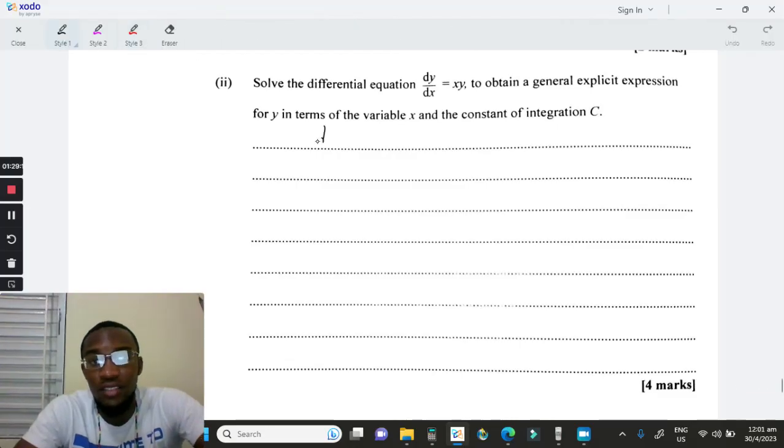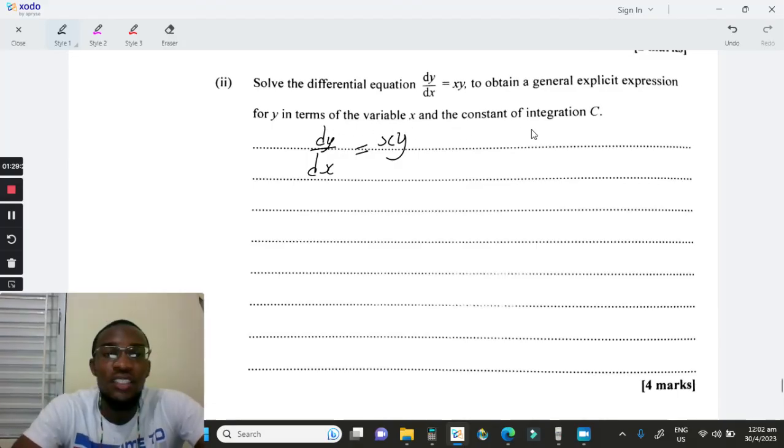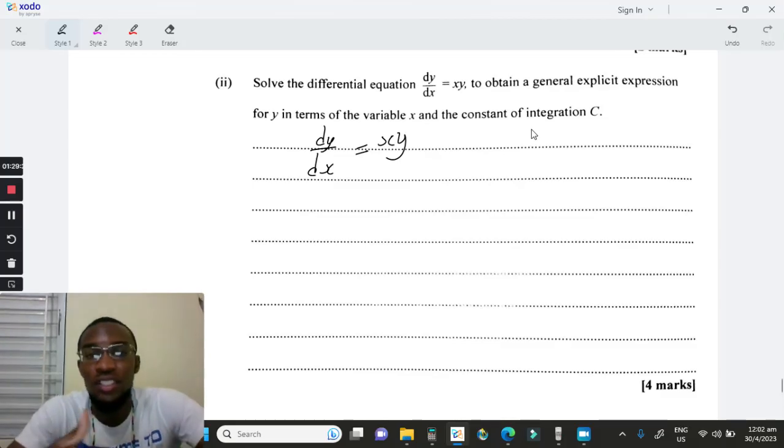So now we have dy by dx is equal to xy, and it says to obtain a general explicit expression for y in terms of the variable x and the constant of integration. Now to do a differential equation by separation of the variables, you need to group the x and group the y.